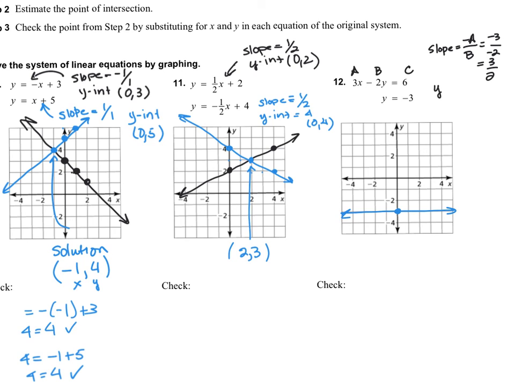And then our y-intercept equals -c over b, which is 6 over -2. So our y-intercept is going to be (0, -3). So let's graph that. (0, -3) is your first point, and you're going to rise 3 and run 2. I really only need 2 points because I see that one of the points is shared with my line y equals -3. So this right here is my solution, which is (0, -3).